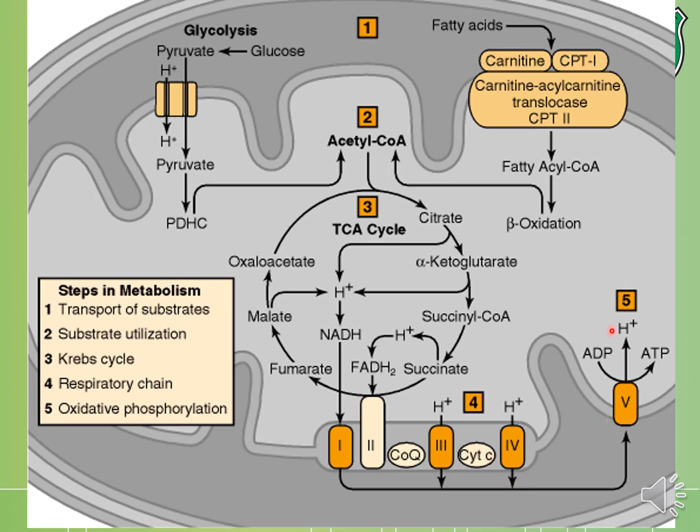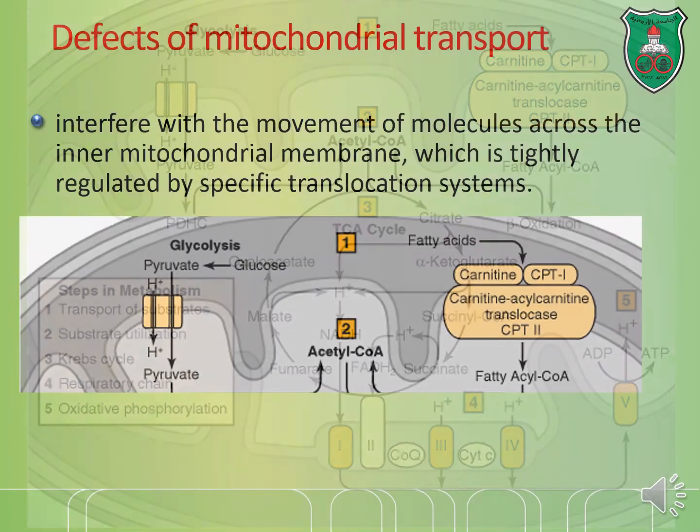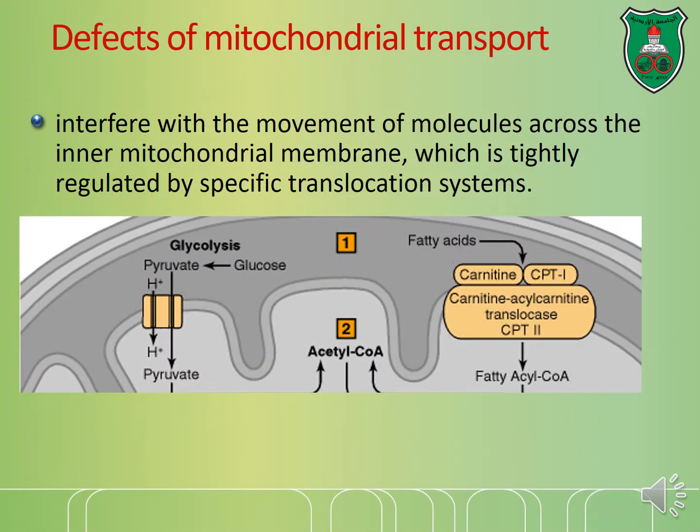Finally, there could be a problem in the generation of ATP via ATP synthase through oxidative phosphorylation. So you can have defects in mitochondrial transport, in any one of the transporters that carry these molecules inside the mitochondrial matrix.